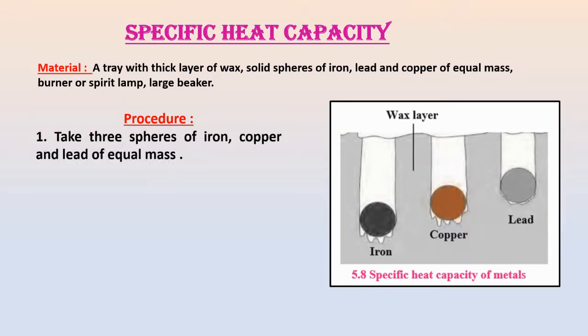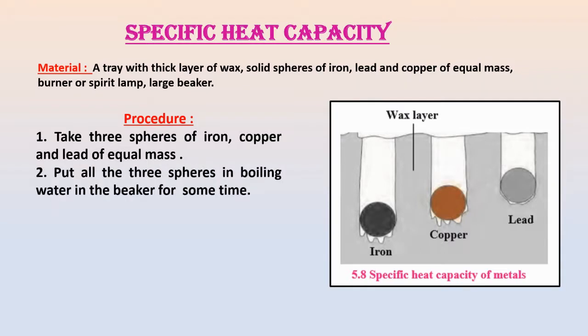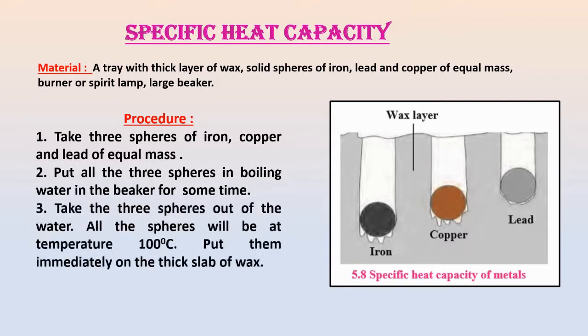The first step is to take 3 spheres of iron, copper and lead of equal masses. Then we put all the 3 spheres in boiling water in the beaker for some time, and then take them out of the water.